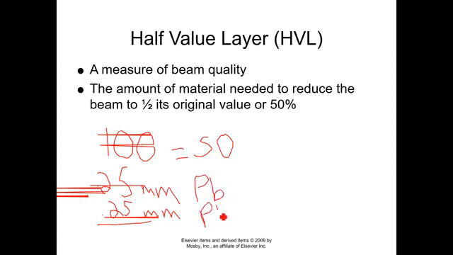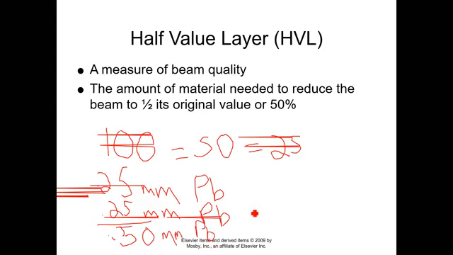Then I needed another half value layer to bring it down to 25. So that's the second half value layer. You add these two together and you get, oops, guys, I'm sorry, you're going to kill me. Not aluminum, lead. Hope you get my point. This is terrible, and I'm sorry. Hold on.